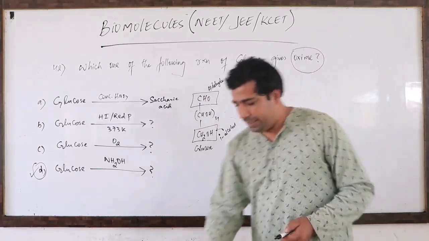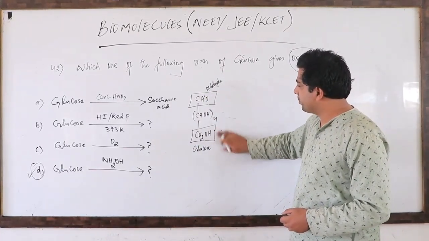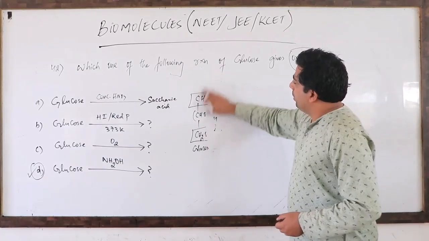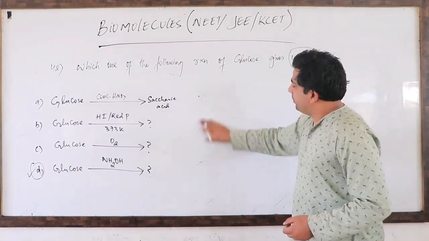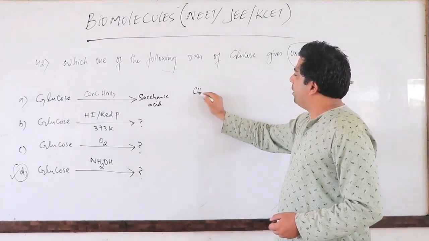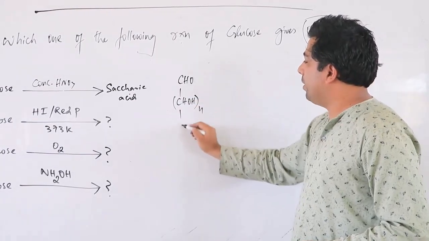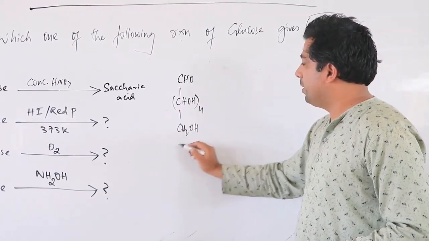Option B is basically glucose interacting with, let me remove this now. Let's write it once again. So here you have CHO, CHOH 4 times, then you have CH2OH, that's your glucose.